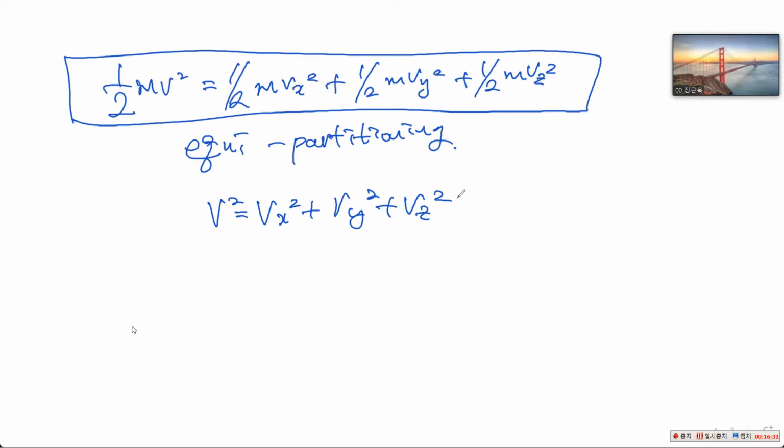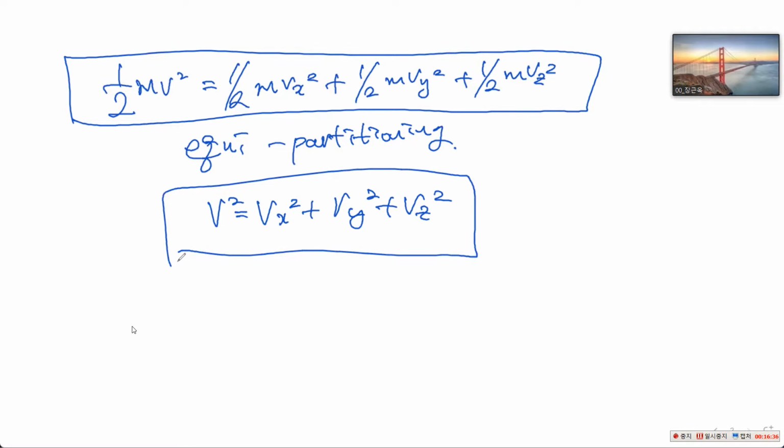However, we do not prove this. However, if there is no bias along the x or y or z direction, then I think it likely becomes true. 자, x, y, z 방향에 대해서 특별한 바이어스가 없다면 이렇게 될 걸로 우리가 예상할 수 있습니다. 다만 이것은 증명하거나 하지는 않겠어요. 그냥 x, y, z 방향에 특별한 선호가 없다면 이렇게 된다고 생각하겠습니다.